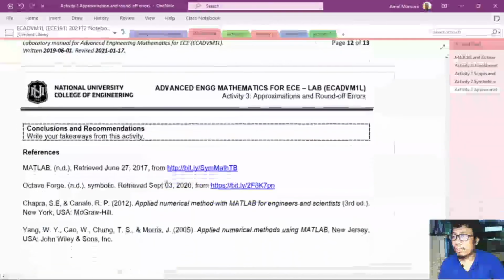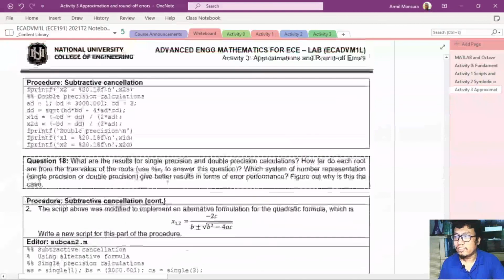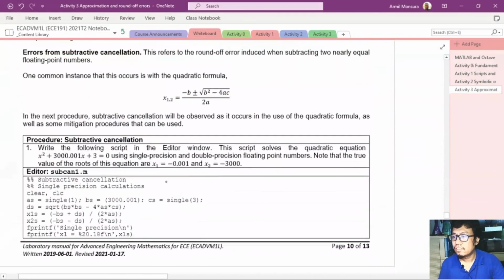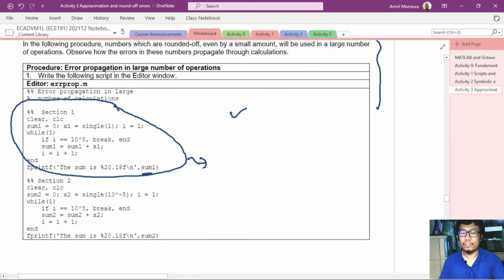So, this is one kind of iterative algorithm that would simply return the end result of your iterative algorithm. So it simply returns the answer. For example, this returns the value of sum, which is the final value of your iterative algorithm. That's one way to write your algorithm in MATLAB or Octave.